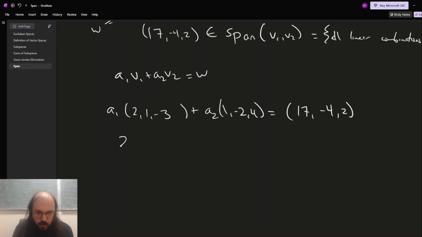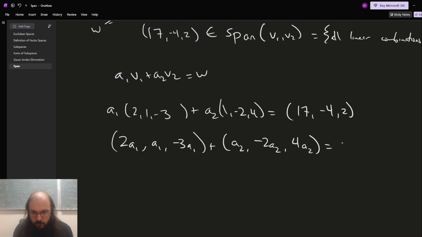So we know how to multiply. We get (2a1, a1, -3a1) plus (a2, -2a2, 4a2) equals this thing.